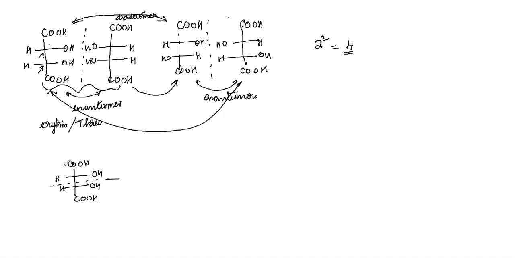Why? The right rotation of the upper half is compensated by the left rotation of the lower half. This is the simplest way of putting it. And therefore, this also is optically inactive. This is also optically inactive.